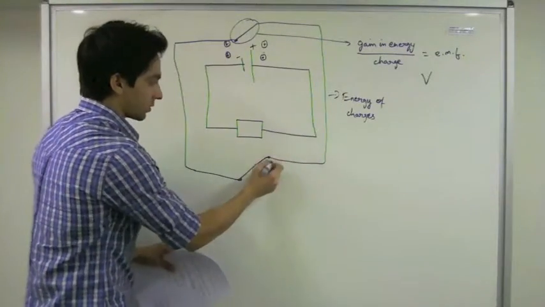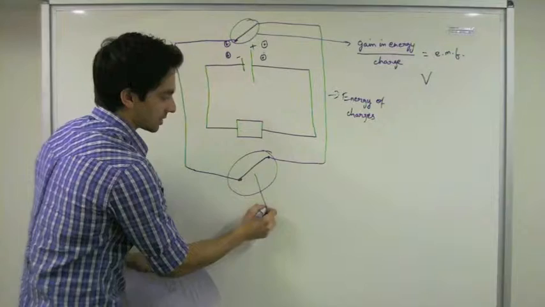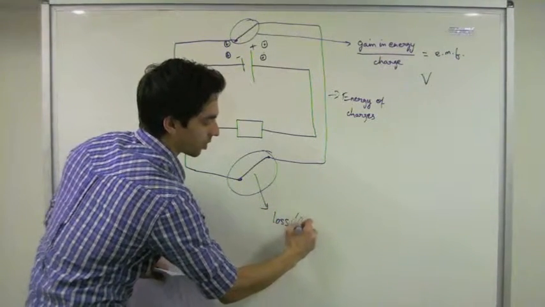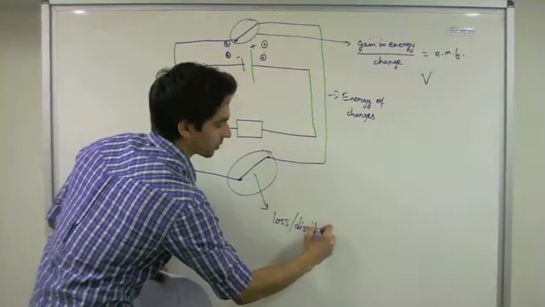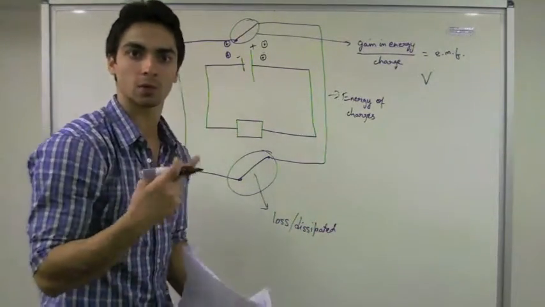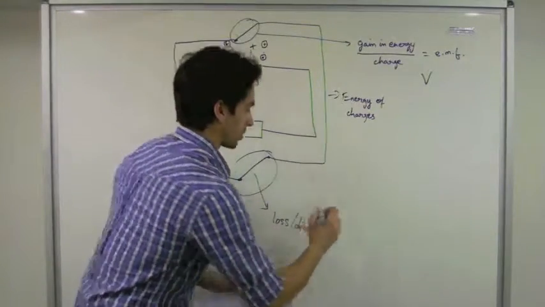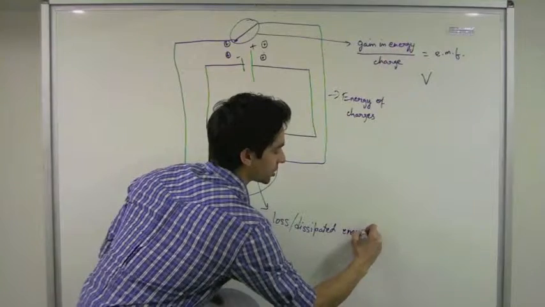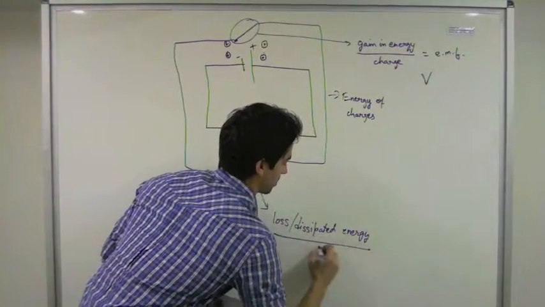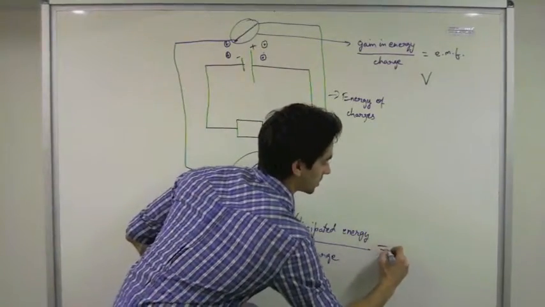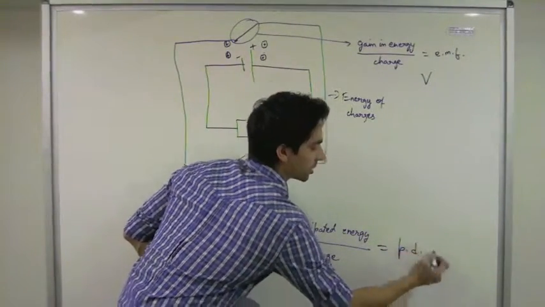clear. And over here there is energy lost or dissipated. Technically it is not lost, the electrical energy is converted to other forms of energy. So the energy lost or dissipated per unit charge is called the potential difference.